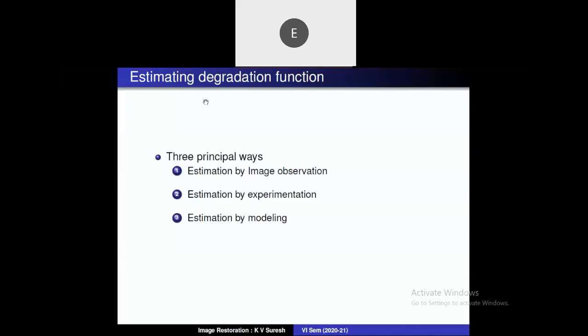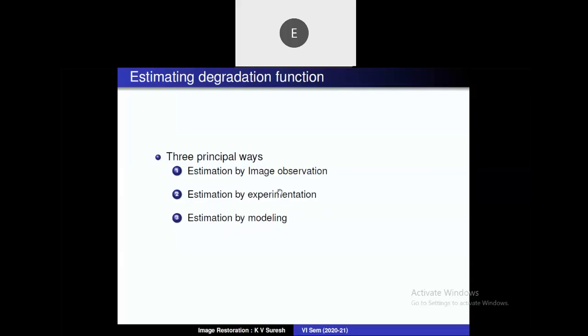Okay, now I think the slide should be visible to you. So we need to estimate the degradation function. There are three ways of doing it. One way is to estimate by observing the image, that means you closely look at the blurred image and try to estimate the blur based on the observed image.